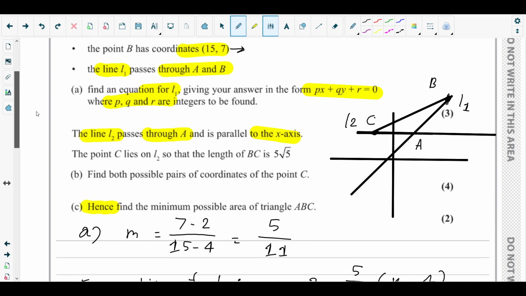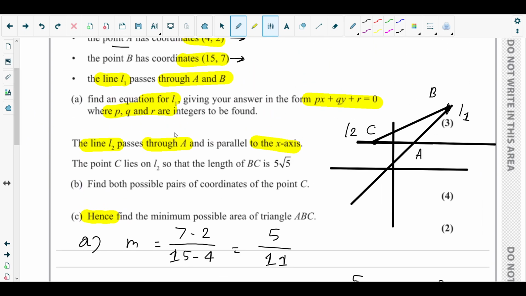So C was supposed to be in the positive x-axis, right? Let me delete that. Since C should be in the positive x-axis, let us consider it here. This is one possible position for C, and another one is (25, 2). So this is another possible position.